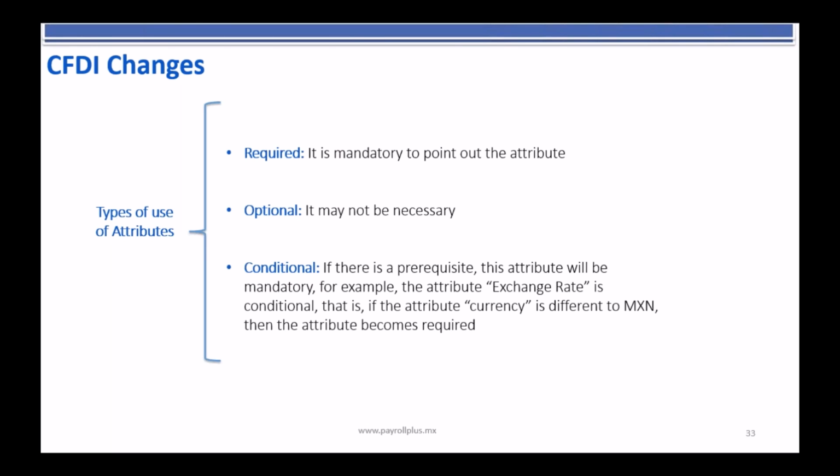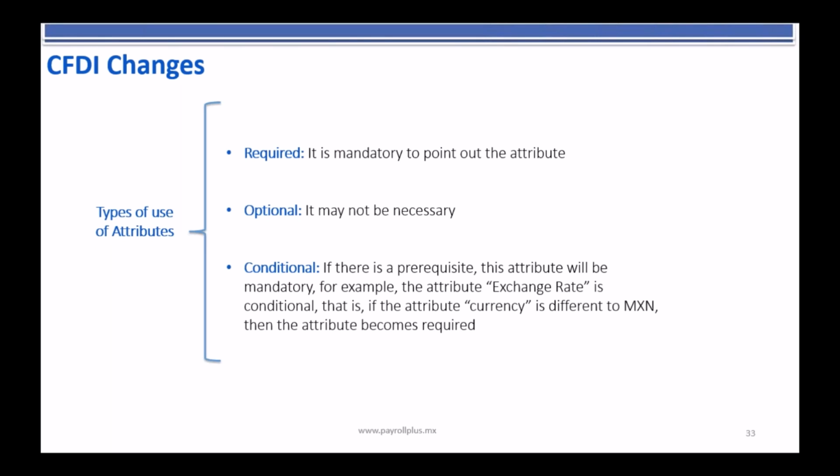the attribute exchange rate is conditional, but if the currency is different from Mexican pesos or Mexican currency, then this item will become mandatory. Another example is if in type of payment you are including severance payment, then other items will become mandatory, such as the elderly premium that was paid, and so on.